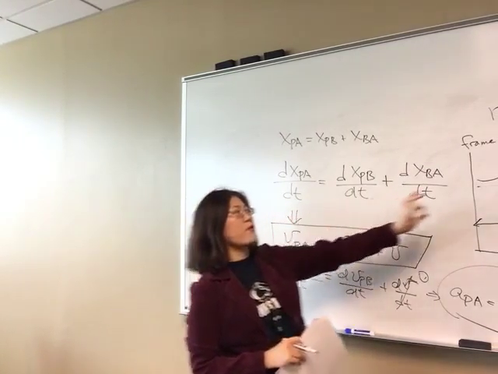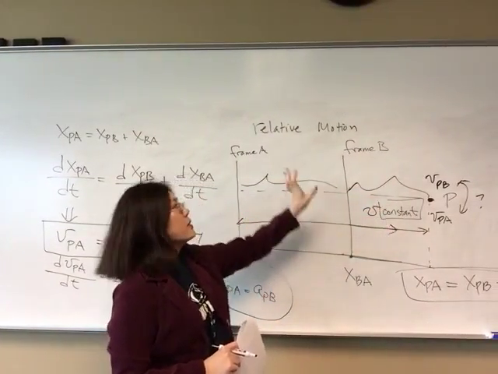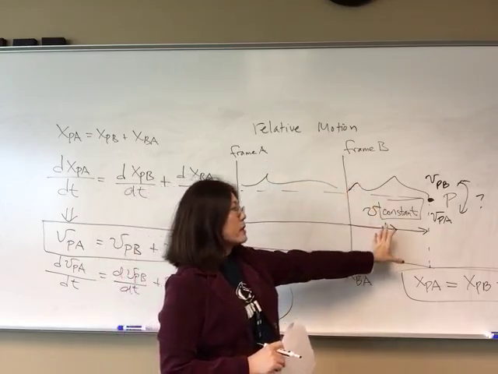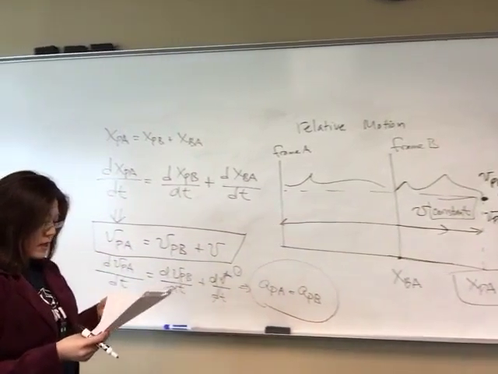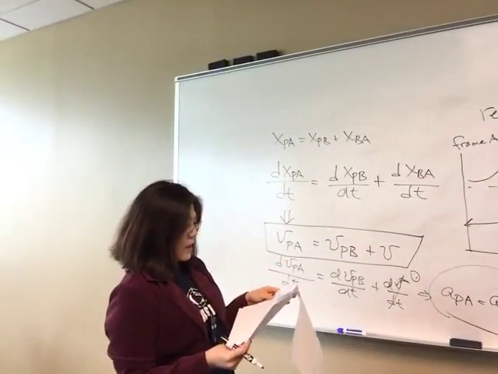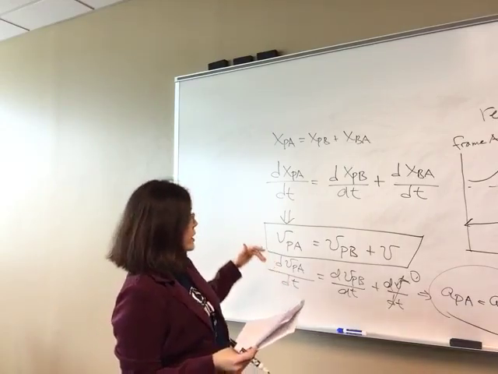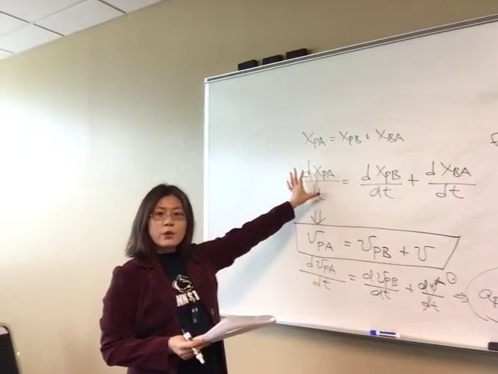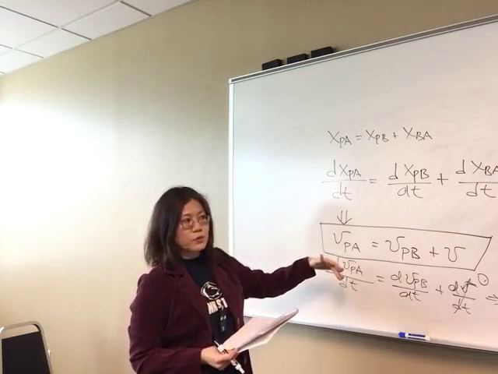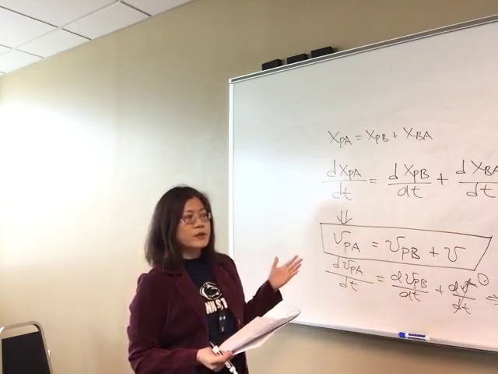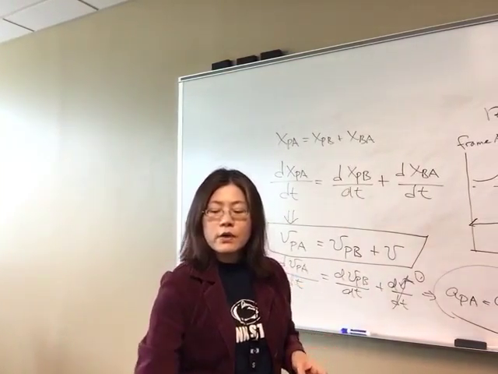Whatever acceleration you have in frame A is going to be measured at the same value in frame B, so long as these two frames are separated by a constant velocity. Okay, so that's basically that, and we're not even going to go over relative motion in two dimensions, because the same analogy applies to another dimension as well. You just have to use another vector to associate with what happens in the second dimension. Okay, so that concludes chapter 4.